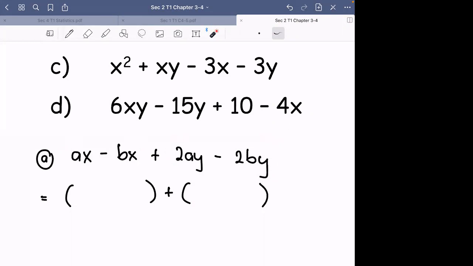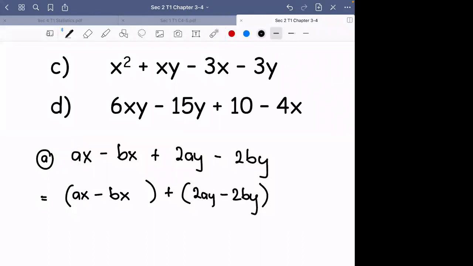Now, in the case where there's nothing in common between the first and the second, and the third and the fourth, you should jumble them. In this case, look at the first and then the second term. Let me write that: ax minus bx plus 2ay minus 2by.